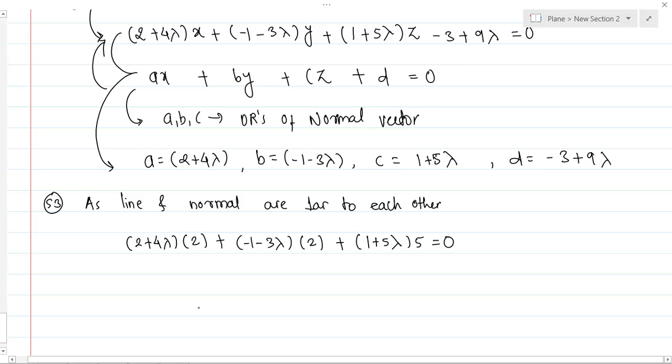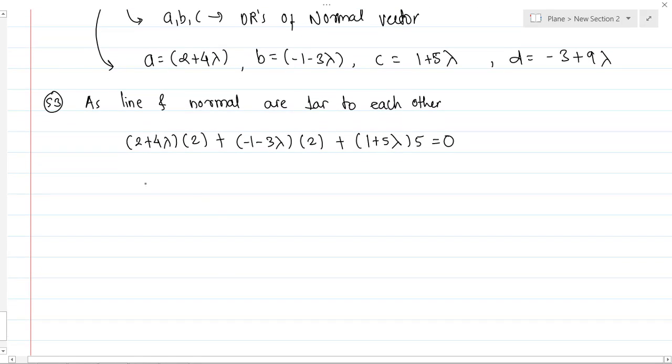Now let's solve for lambda. So we'll have 2 into 2, it is 4 plus 8 lambda, minus 2 minus 6 lambda, plus 5 plus 25 lambda equals 0. So 4 minus 2 plus 5 is 7, and 8 minus 6 plus 25 is 27 lambda. So 7 plus 27 lambda equals 0.